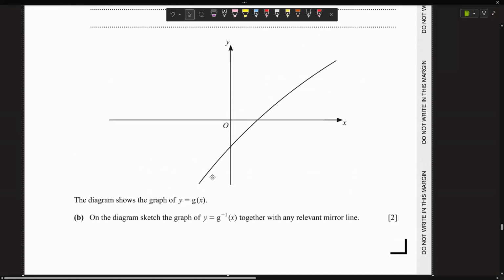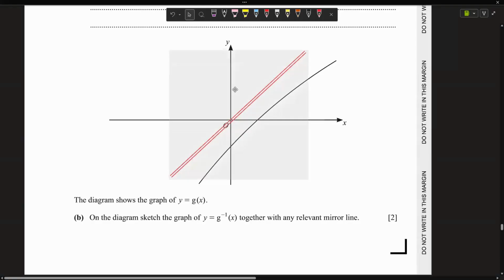Part B says the diagram shows the graph of y is equal to g of x. On the diagram, sketch the graph of y is equal to g inverse of x together with any relevant mirror line. We know that the graph of a function and its inverse are mirror images of each other in the line y is equal to x. So if I draw the line y is equal to x like this, that should be the mirror line.